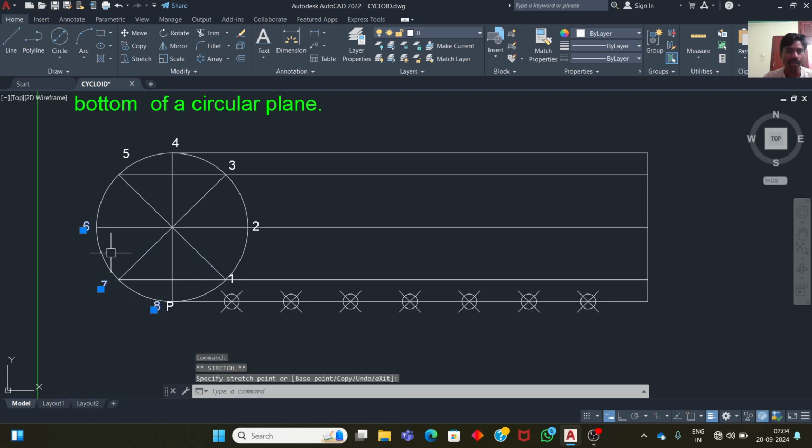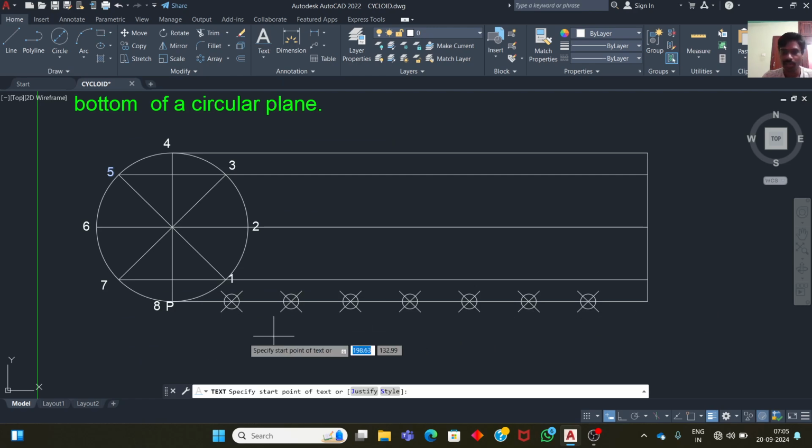Point P and point 8 are both at the same location. Next, in a similar manner, we have to give the notation to this horizontal line also. The first point is this one.